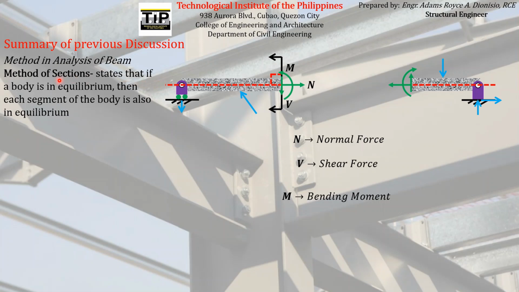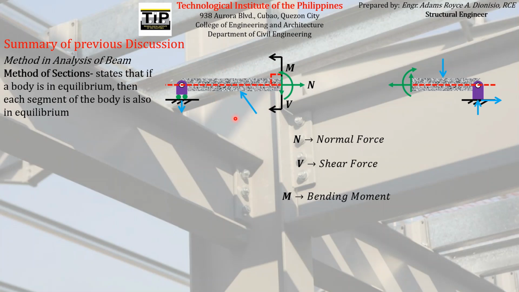So what does the method of sections tell us? It states that if the original structure, the beam, is in equilibrium, then its segments must be in equilibrium as well. For example, if we look at this left segment, it must be in equilibrium.